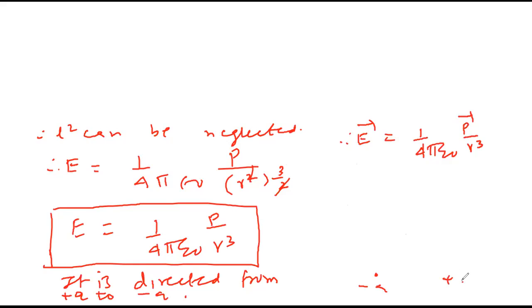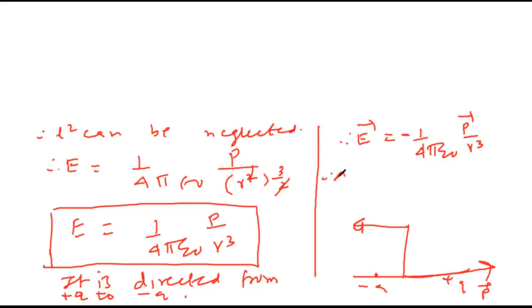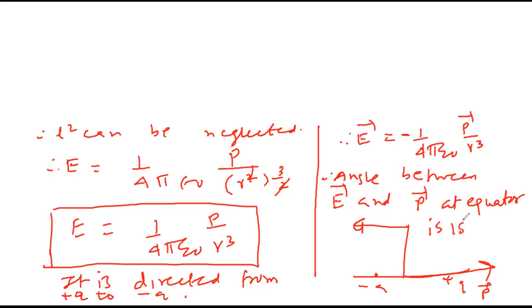Minus Q to plus Q is P, and plus Q to minus Q we got E. So this is right and this is left. What will be the angle between them? 180 degrees. So in vector form P and E are opposite, hence we write minus. Therefore the angle between E bar and P bar at the equator is 180. Generally we make a mistake and sometimes write 90 degrees.